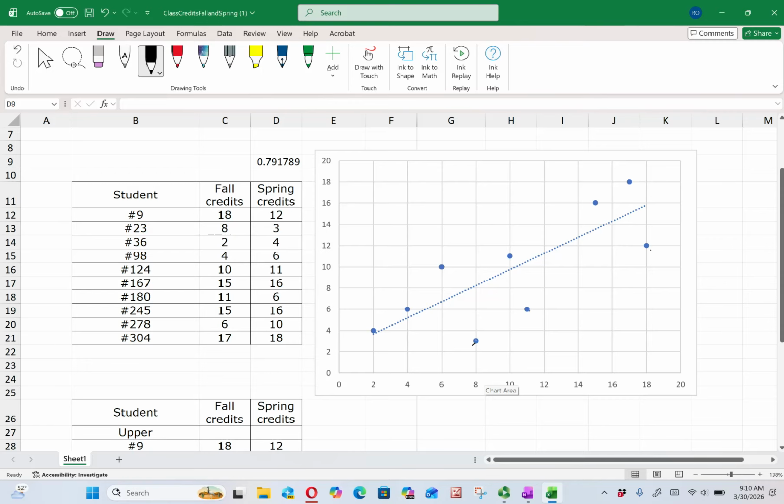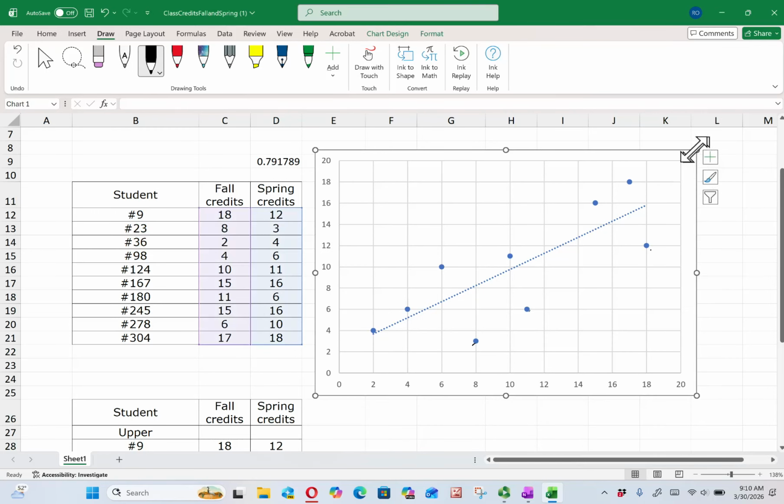The more full-time students are in the upper group. They're taking more hours in the fall and in the spring. And down here is a group that is part-time, perhaps. But we've got two definite groups in there.